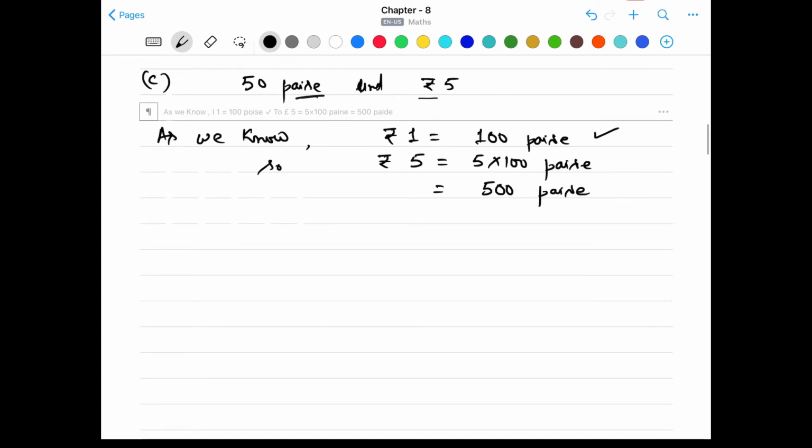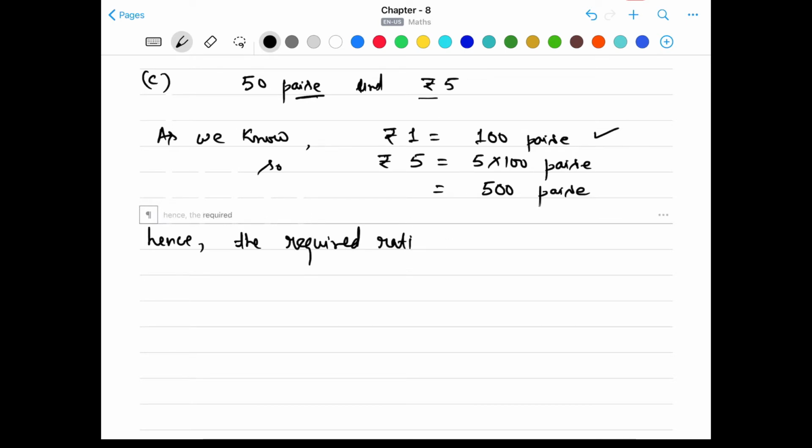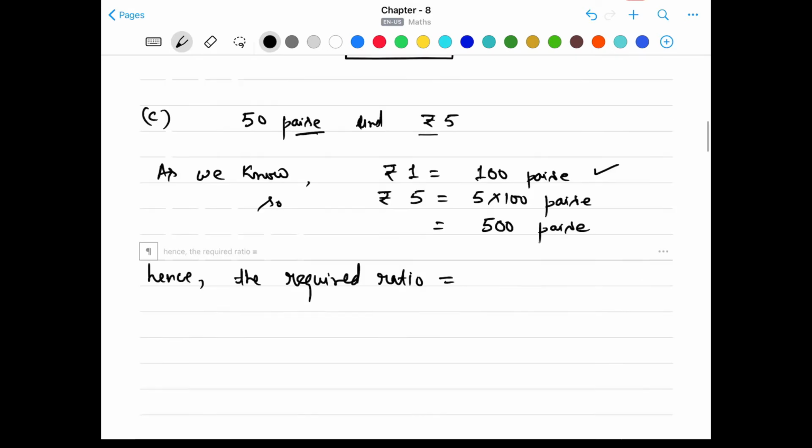So now we'll write the required ratio. Hence the required ratio is equal to, again the quantity which is mentioned first is 50 paise. So we'll write 50 divided by the quantity which is mentioned later, which is 5 rupees, and 5 rupees is equal to 500 paise.